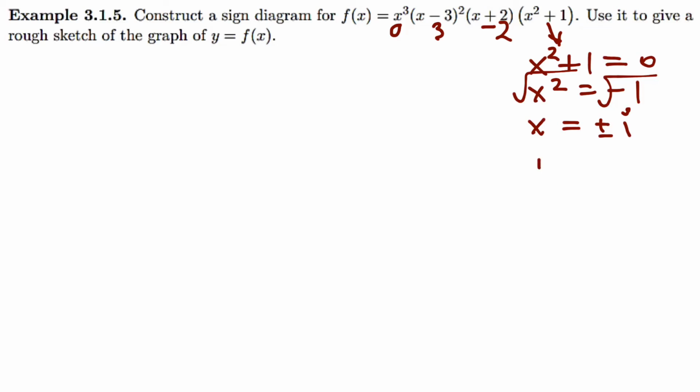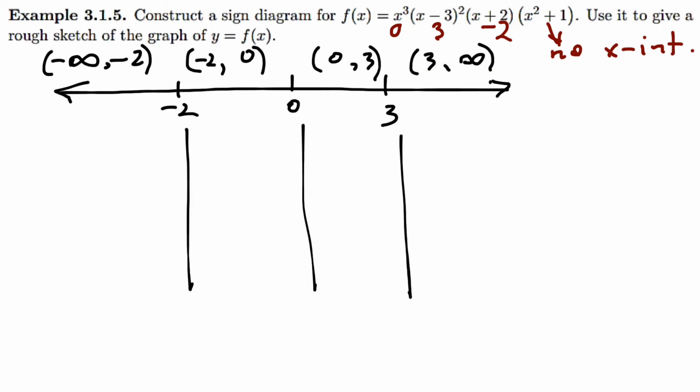So this is an imaginary root, or imaginary zero, and those are not x-intercepts. Imaginary roots are not x-intercepts, so I don't have any crossing going on associated with that piece of my polynomial.